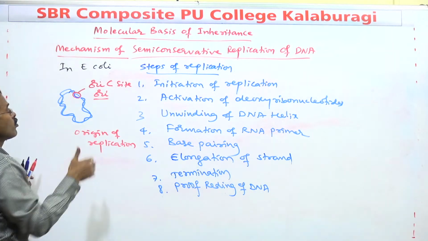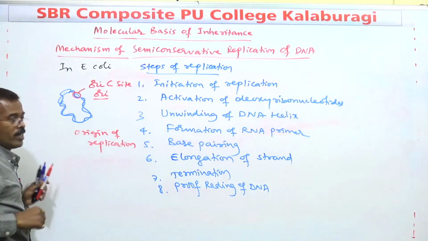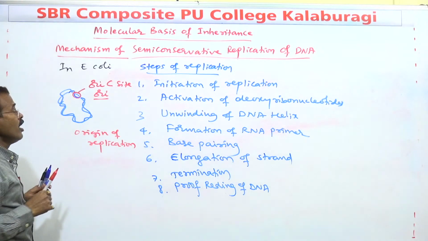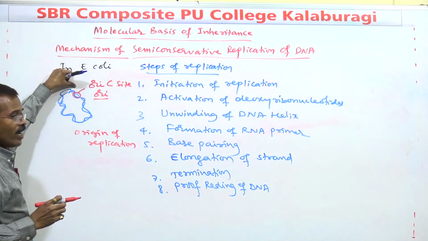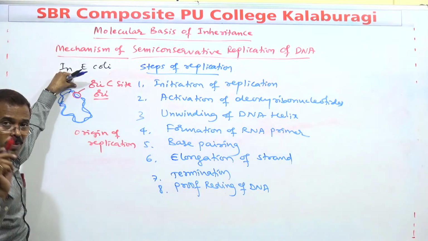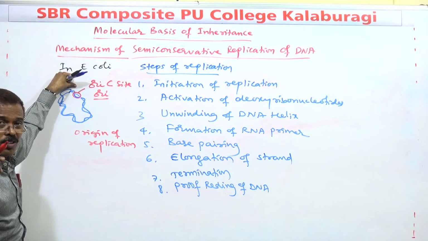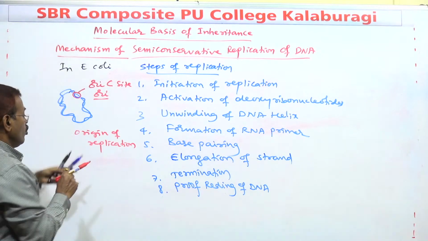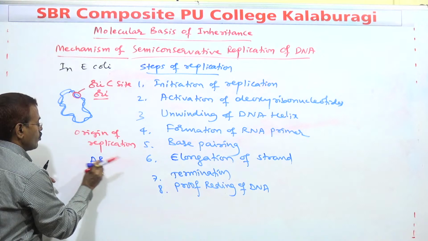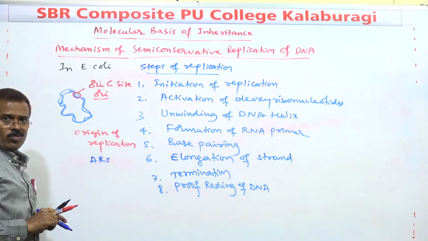Several enzymes can attach to this site and can initiate the replication. Specific nucleotide sequences will be there in this part of the DNA, which we can call ARS, autonomous replicating sequences.